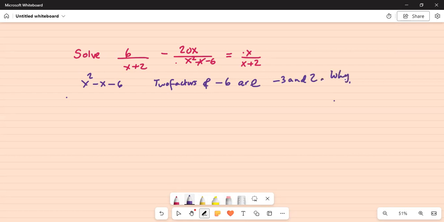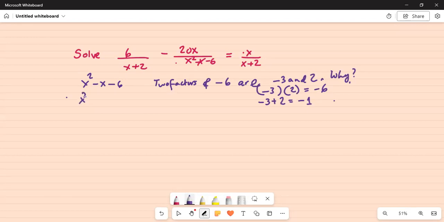Why? Because minus 3 times 2 is minus 6, and minus 3 plus 2 is minus 1. Our goal is to split up minus x, whose coefficient is minus 1.